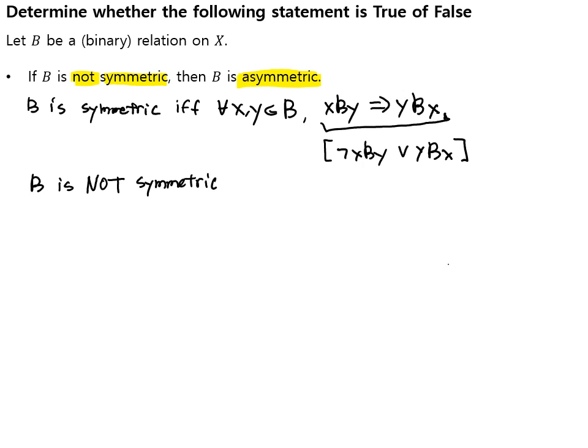Then this basically means, okay, so for some reason the ink is not right. This basically means that it is not the case that for all x and y, and so this should be x B y and not y B x.